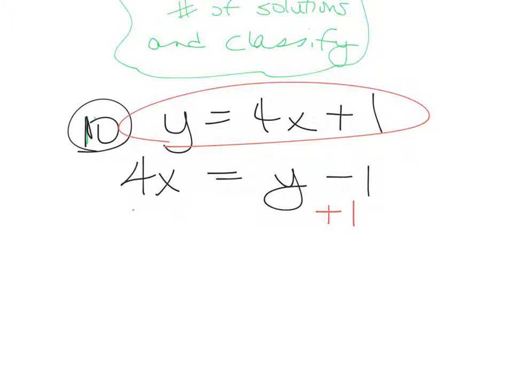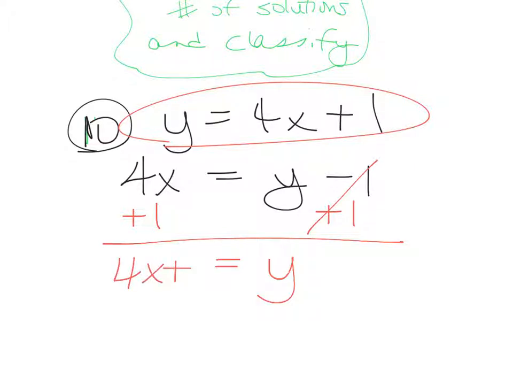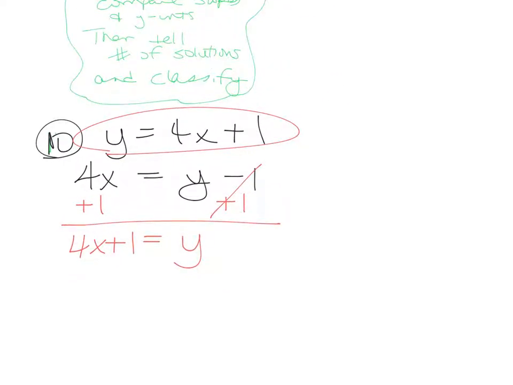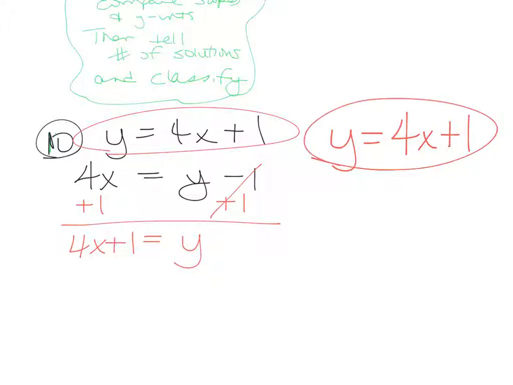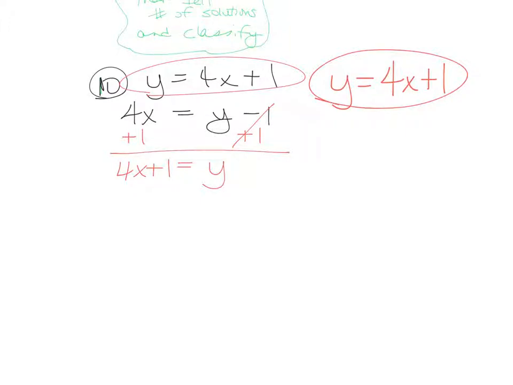I can add the 1. Once I do that, I get this. I can rearrange it and put the y on the left now. Then after it's rearranged, you have to show this work because it's part of your answer. Then I'm going to have the three things.